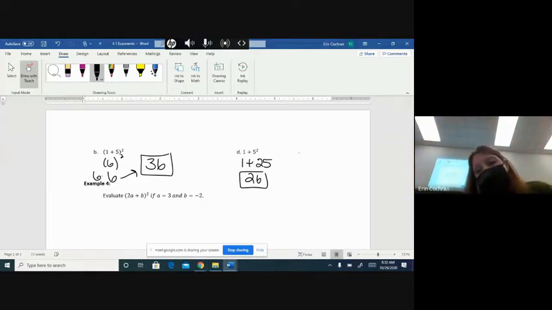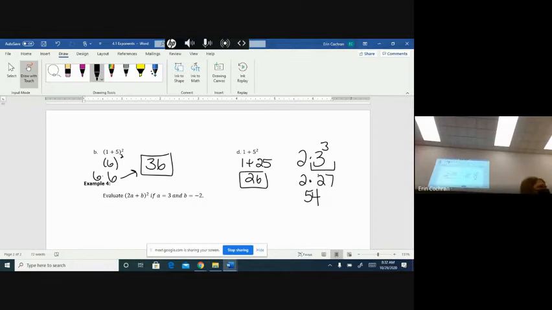Now, what if I had something like 2 times 3 to the 3rd power? Would I do the 2 times 3 first? No, I still do the 3 cubed, which is 27, and then I would do 27 times 2, which is 54. You're on a roll today.